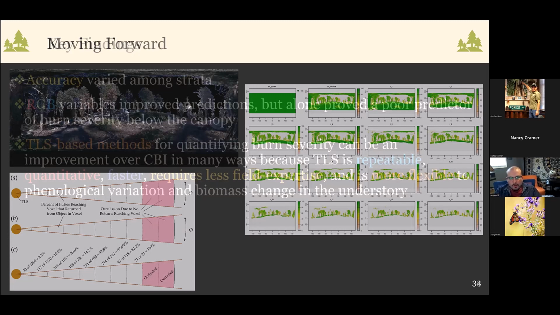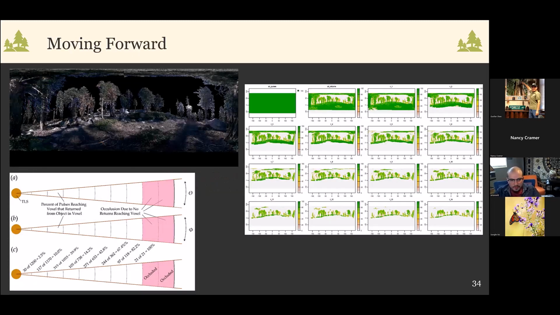So just moving forward with this, some of the things we're looking at are to characterize the point cloud in different ways. I'm really interested in this concept of making use of the geometry of the data collection in the way that it's actually summarized.